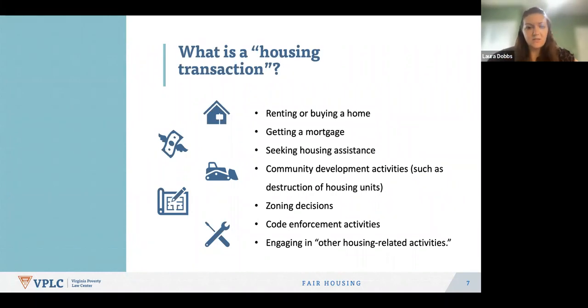Zoning decisions can affect fair housing, code enforcement activities, and the broad category of other housing related activities. So it's not just renting and buying, it extends to a whole slew of other things.